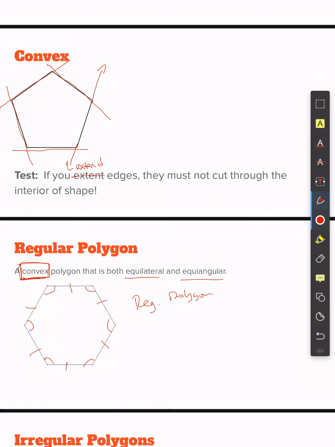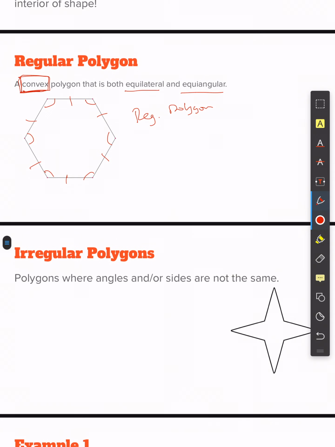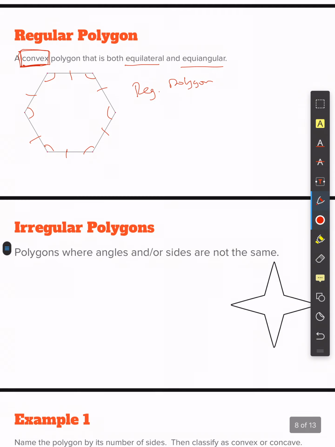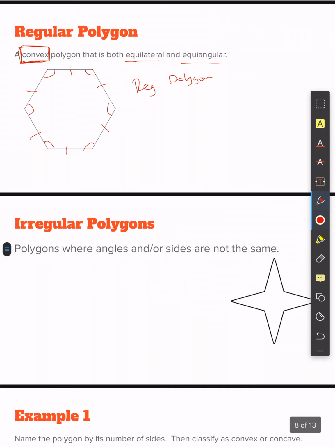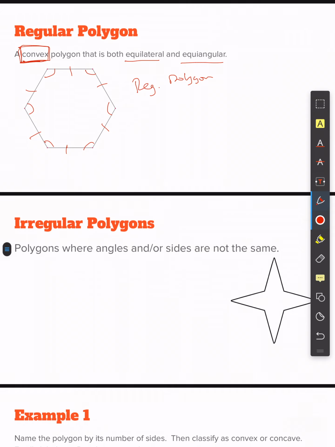Okay, so the sides and the angles. Irregular is just everything else. Okay, so for this one, notice I don't love the definition that I put here, but for irregular, anything concave is going to be irregular. And then anything that does not have equal sides and equal angles obviously is not regular.